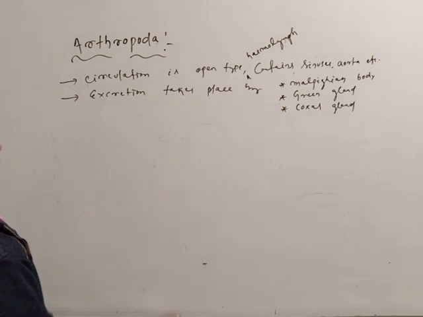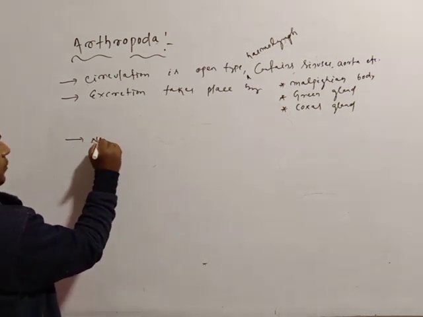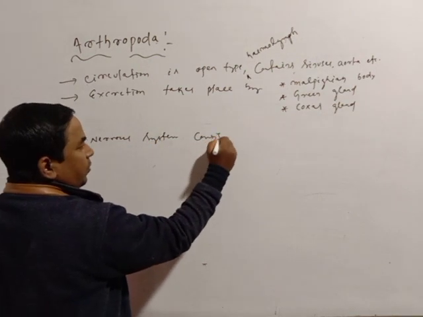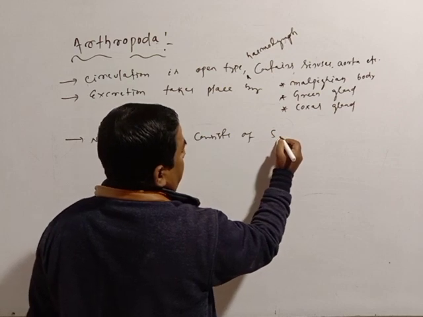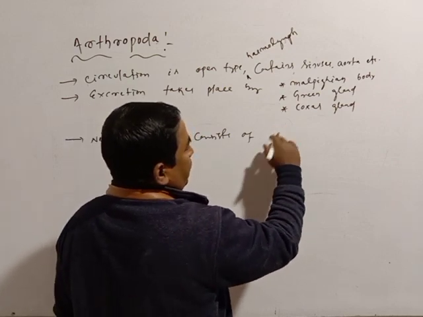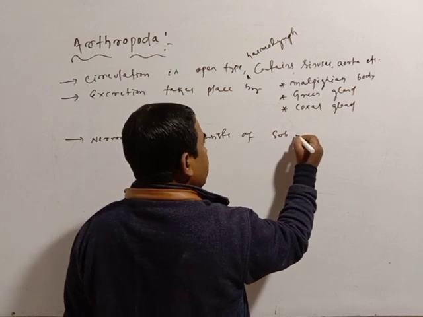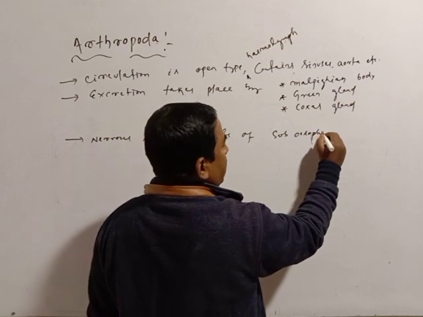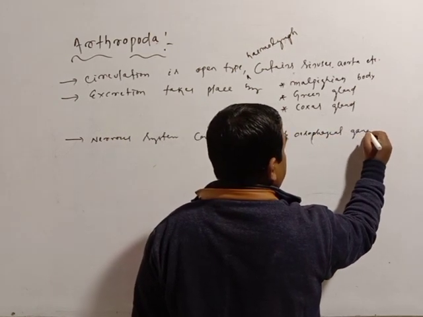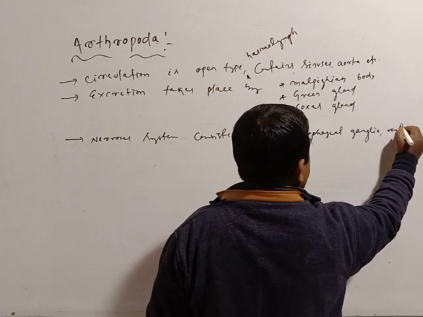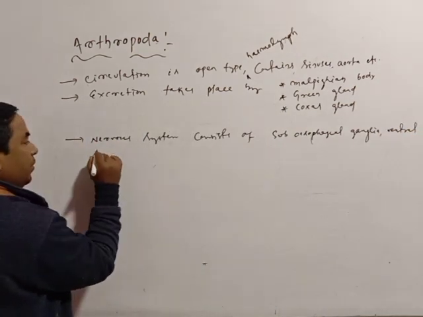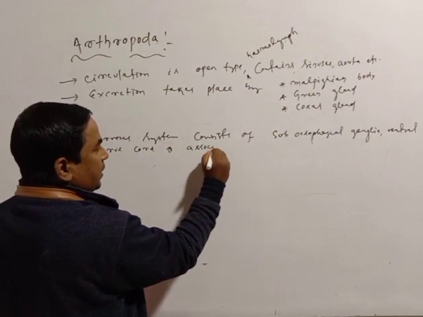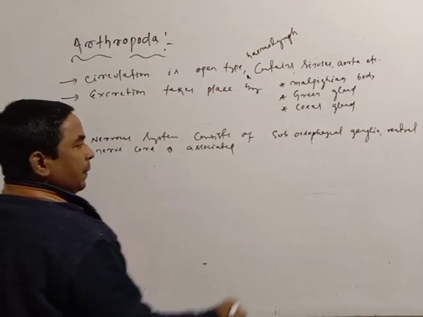Next, nervous system consists of sub-esophageal ganglia, ventral nerve cord, and associated nerves.